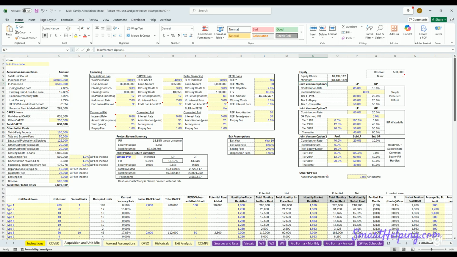This model has all kinds of waterfalls, 3 different waterfalls actually, that you can model on top of or wrapped around the deal. I built this template after going through a lot of client work and understanding how these need to work.